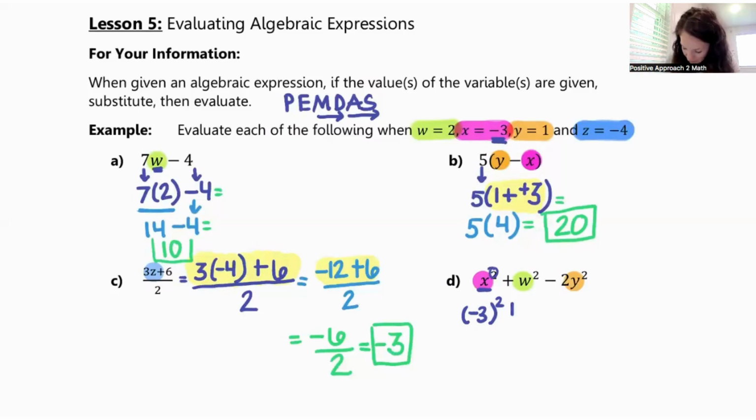Okay? Plus w is 2. Bring down that squared. -2, parenthesis 1 squared. And that's why I like the parentheses. I like them for those negatives, that -3. I'm going to talk about that. But I like it for this last term. So you know the thing that you're squaring is just the 1.